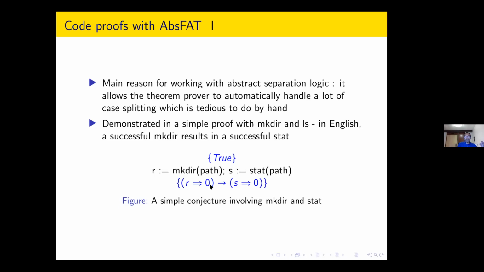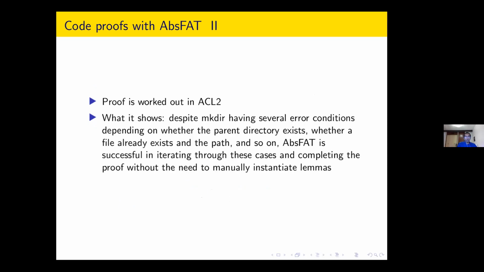So when we prove something like this, we actually have the theorem prover taking care of all these cases in a fairly automatic way and saving us from the trouble of having to reason about those cases manually. And so that is the kind of success we have. AbsFAT is successful in iterating through these cases and completing the proof without the need to manually instantiate lemmas.